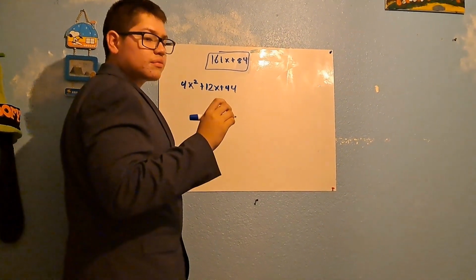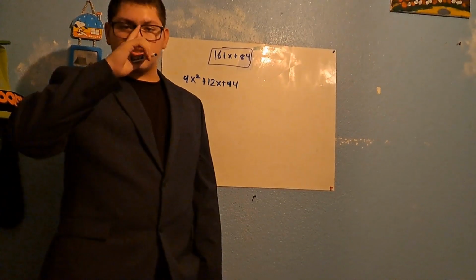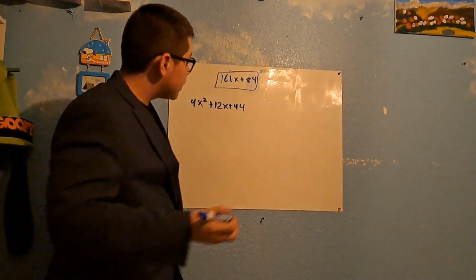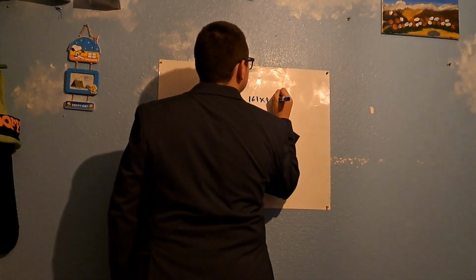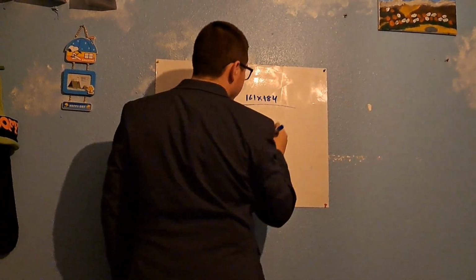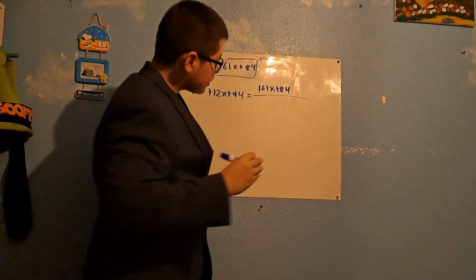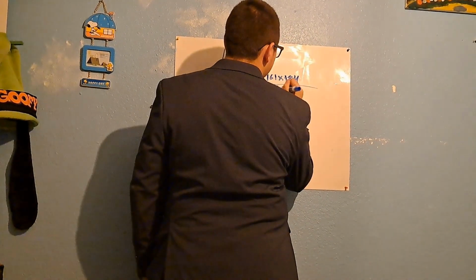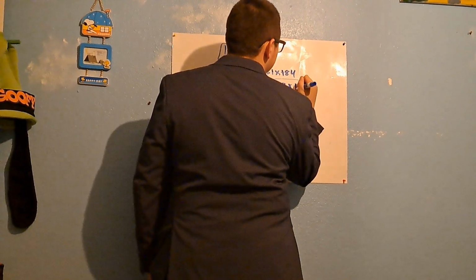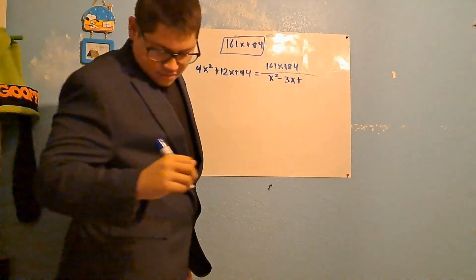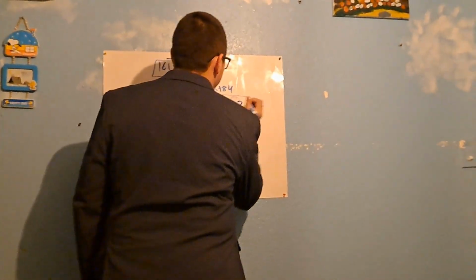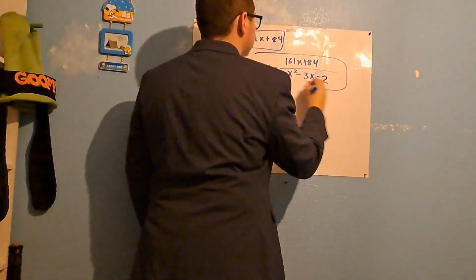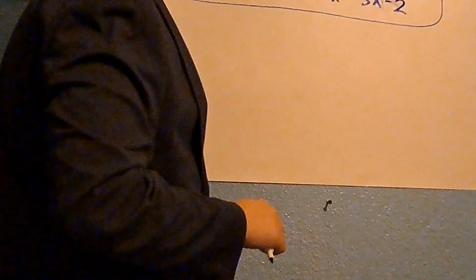That would be our top solution for long division, which then would equal 161x plus 84 over x squared minus 3x minus 2. And this would be our final solution.